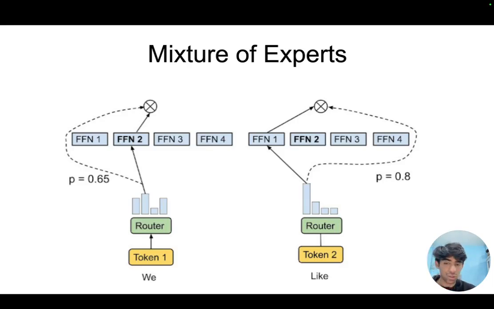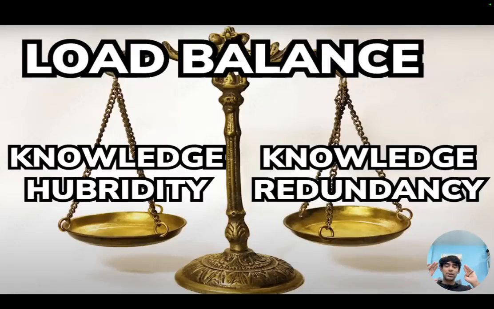So yeah, I think we all know basic MoE, right? That we have tokens and we route them to a particular set of models, the FFN that we keep. I think I should not have said models, but I think you guys get it. Okay, so we need to load balance, right? Two things: knowledge hybridity and redundancy. Now what are these two things?